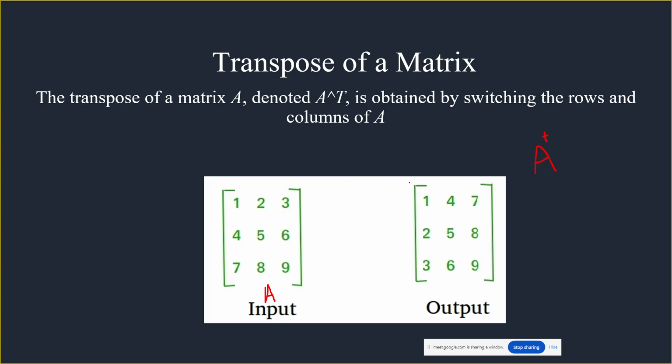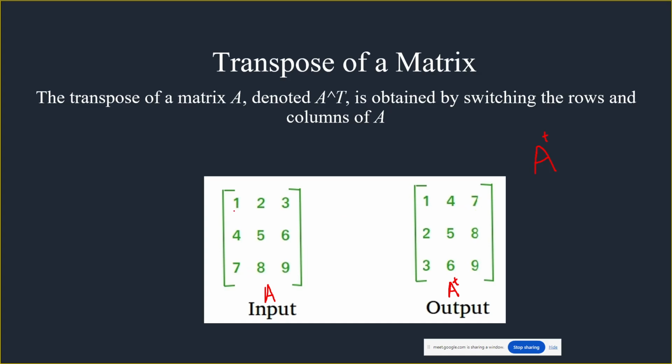Look, now if we look at this A matrix and assume this is the output, our A transpose matrix, here our rows become the columns and the columns become the rows. Here the 147, our first column, turns into the first row.